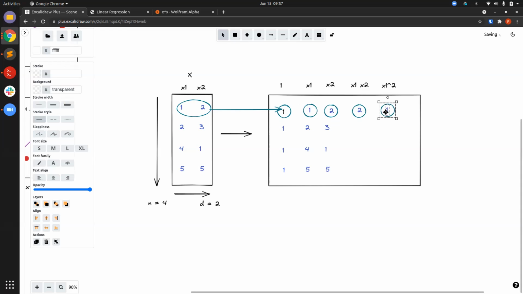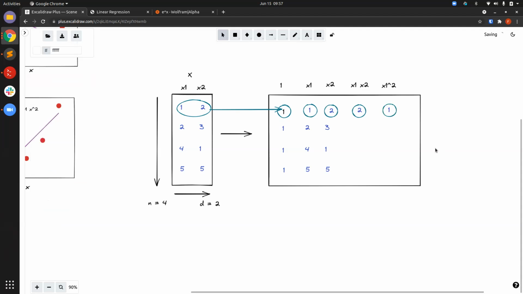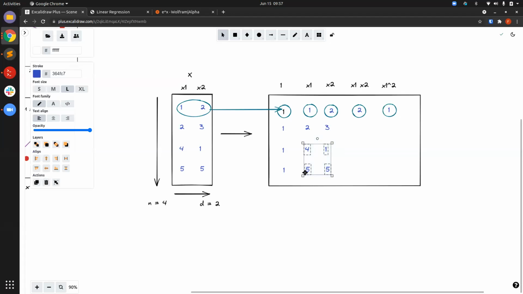So there's no one-to-one correspondence between the basis functions and the columns. You can have one basis function per column. You can have more than that. You can have fewer than that. You can represent the original columns again in the new data set or not, up to you. You can have nonlinear functions in here. That's also allowed.